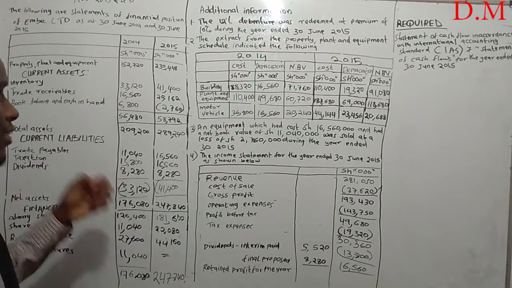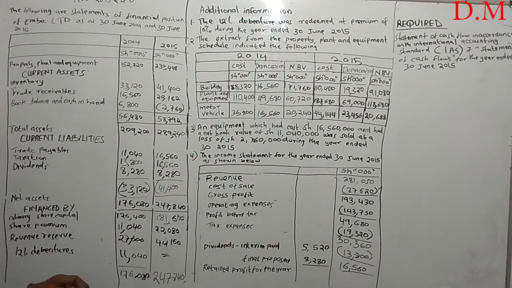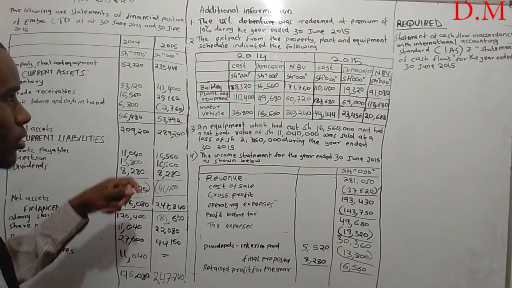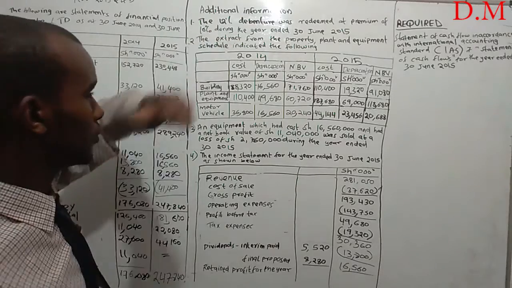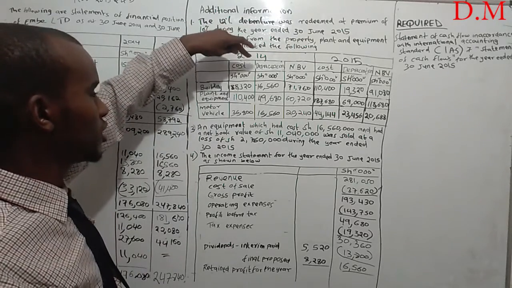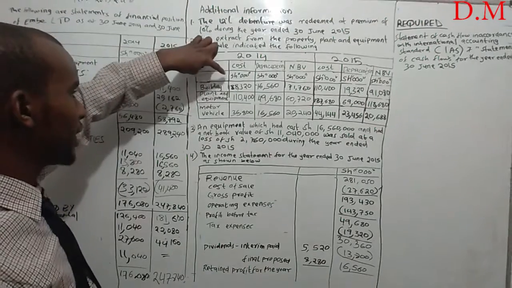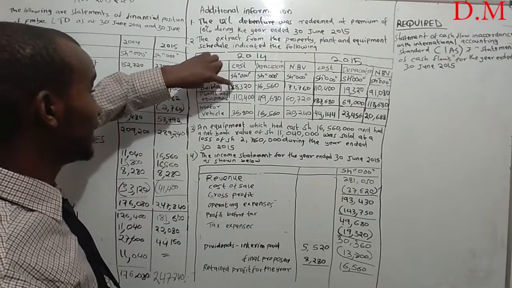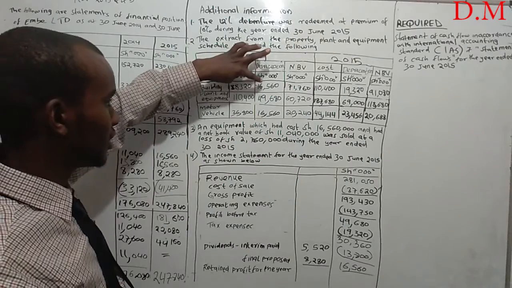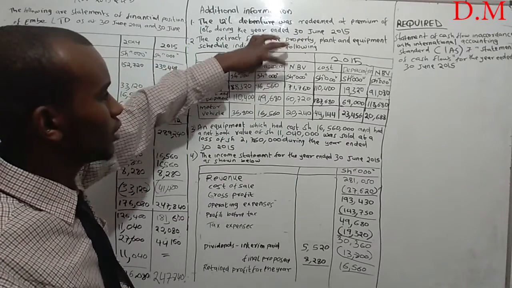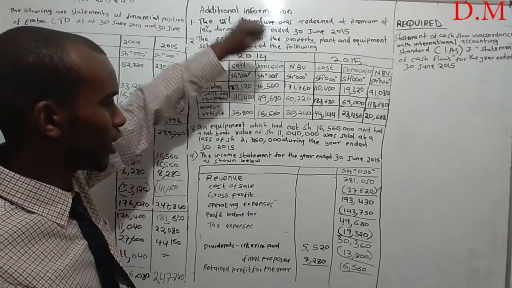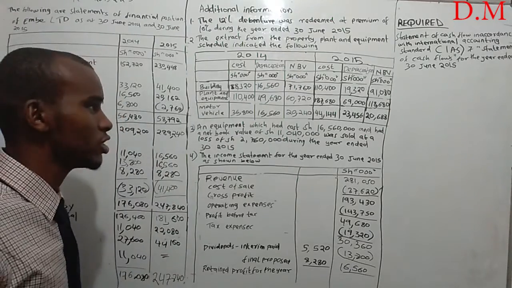Number 2. The extract from the property, plant and equipment schedule indicated the following. So we have 2014 and 2015. We have the cost, depreciation and net book value. The figures are in thousands. Building 88,320, 16,560, 71,660. For 2015, 110,400, 19,320, 91,080.